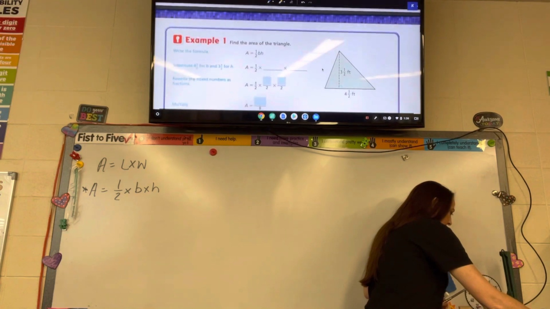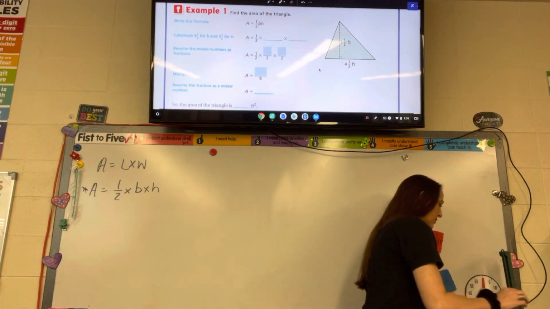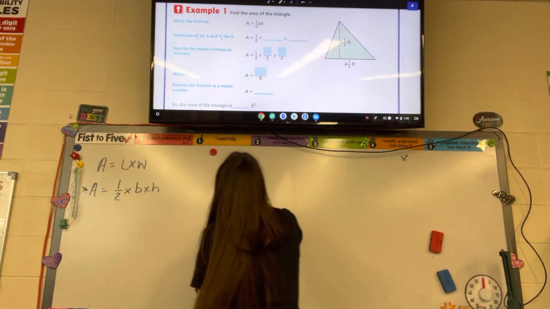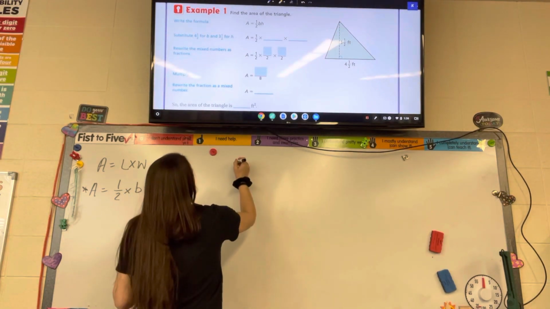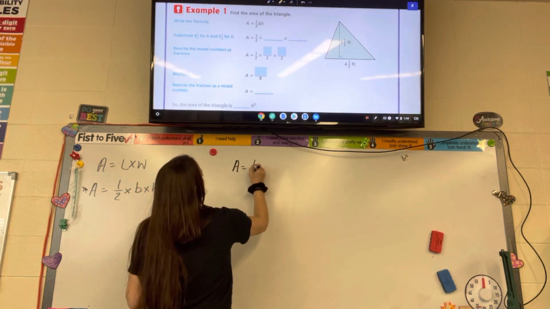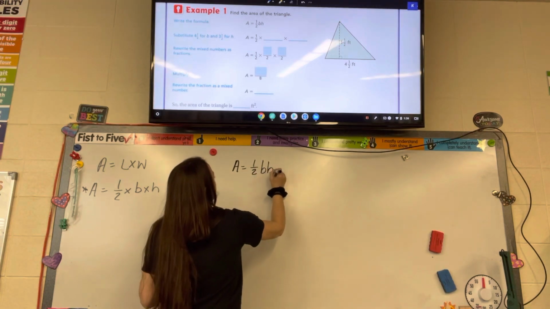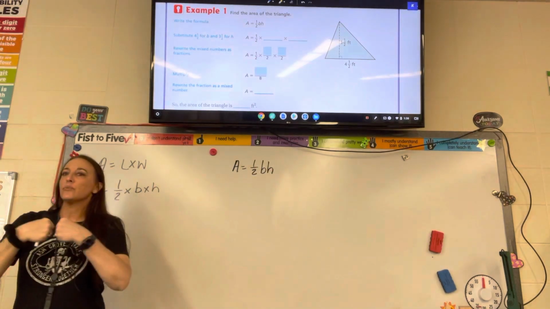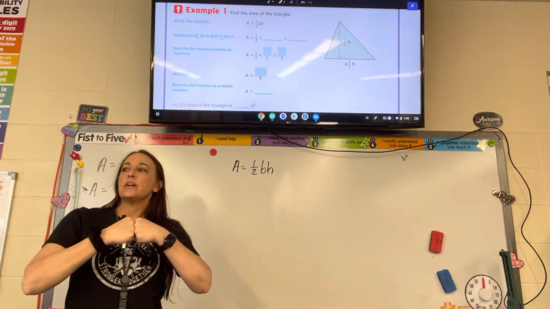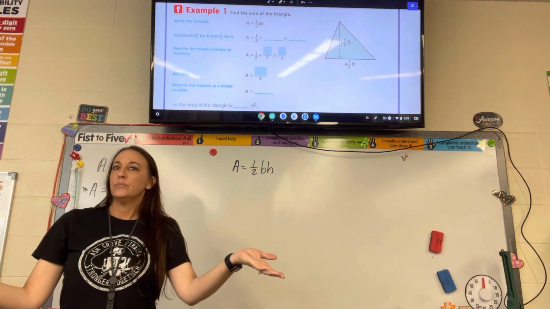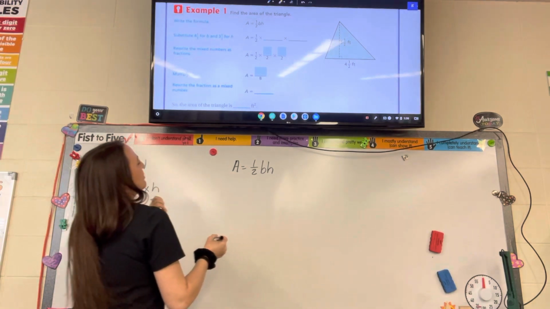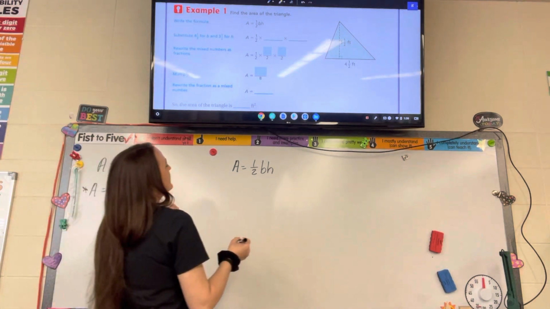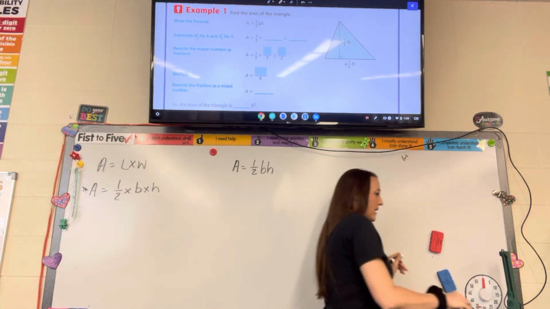Find the area of the triangle. Okay, so this triangle. Area equals 1/2 base times height. When they're stuck together, remember the implied operation is multiplication. So when we break them out, what is the base of this triangle?